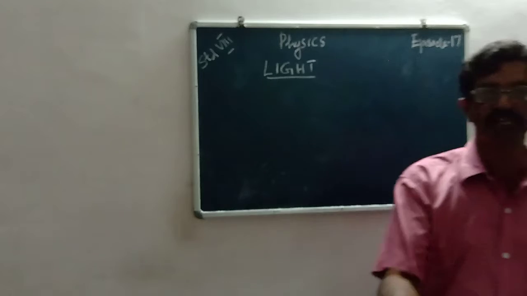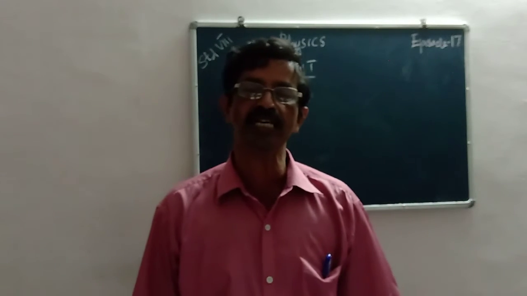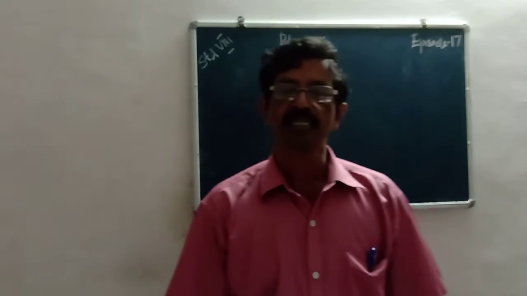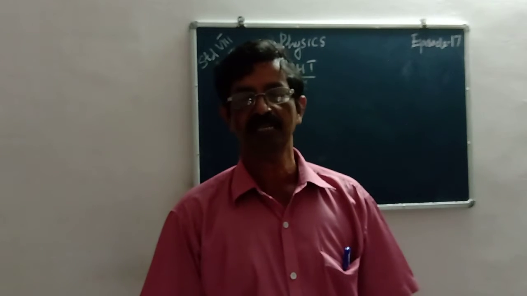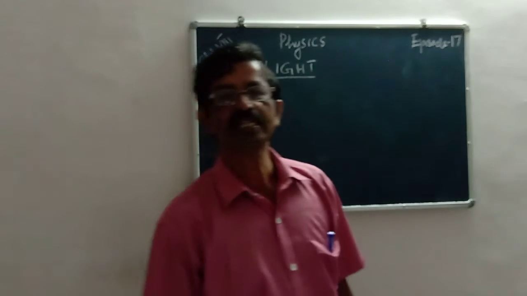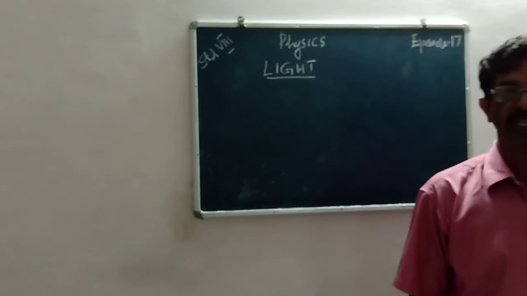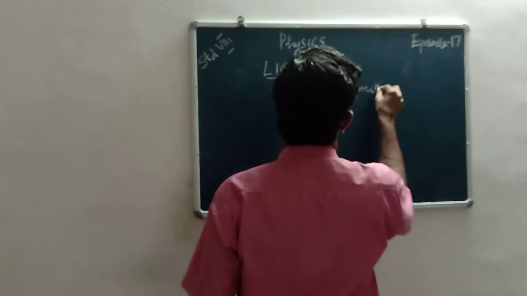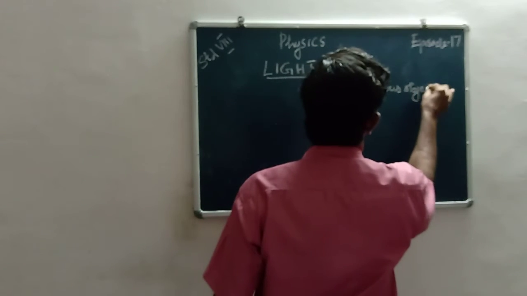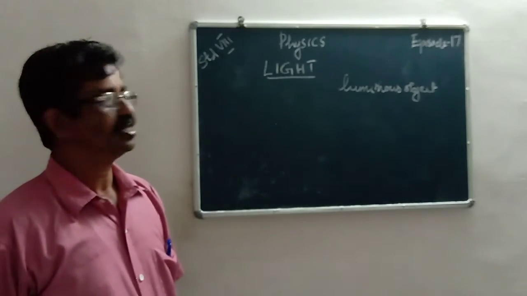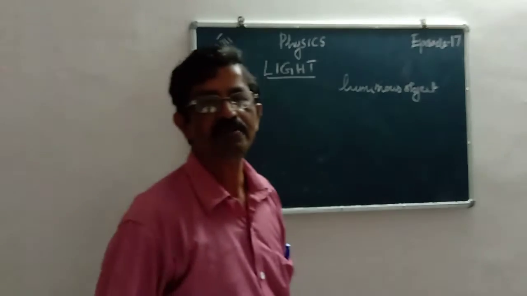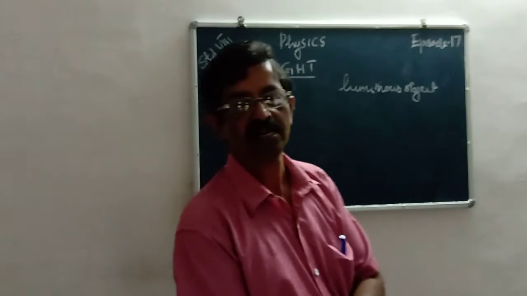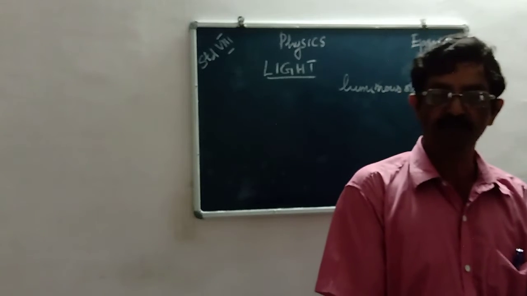That means some objects emit light, some other objects reflect light. Objects which can emit light are called luminous objects. What are they called? Luminous objects, objects which emit light. Examples: sun, stars, candle, fire.